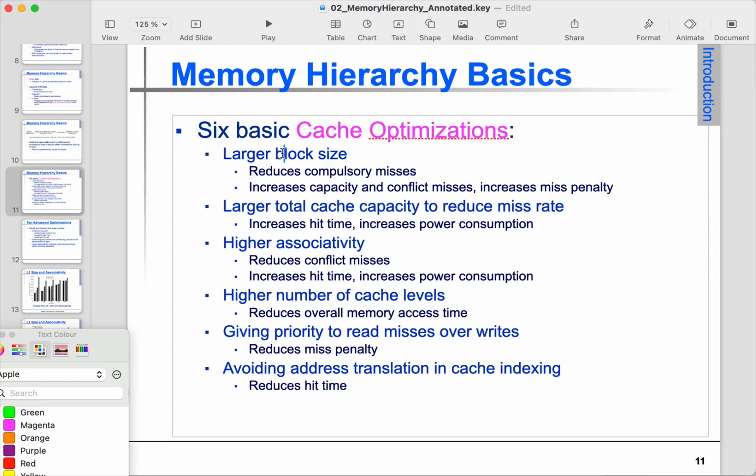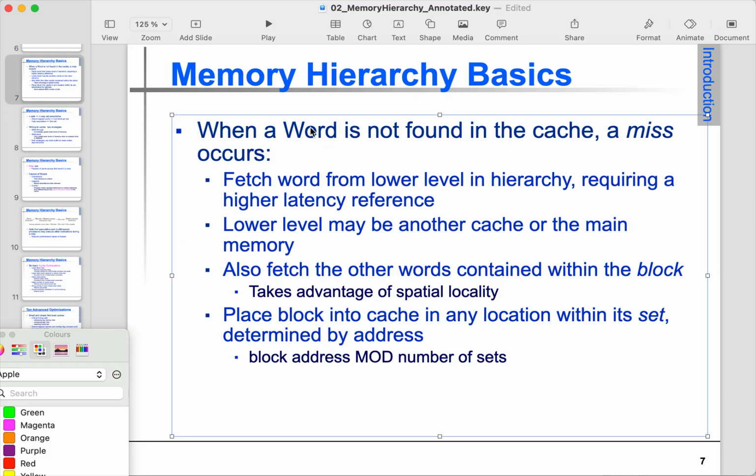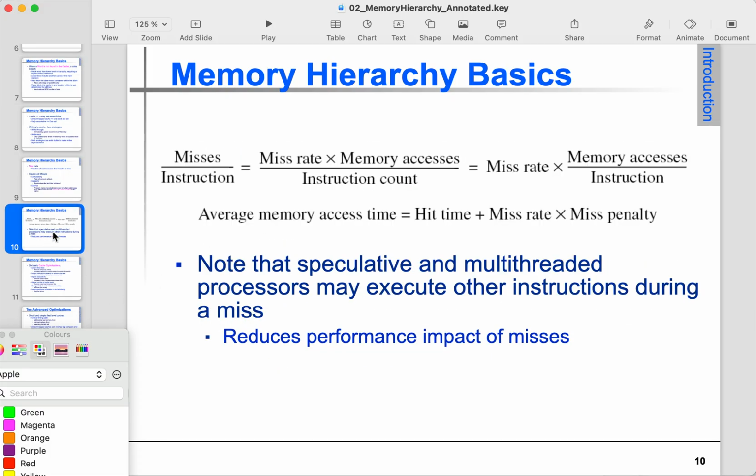We could use a larger block size. So remember, a word is the smallest block size. If the computer is a 32-bit computer, the word will be 32 bits. If it is a 64-bit computer, the word will be 64 bits.